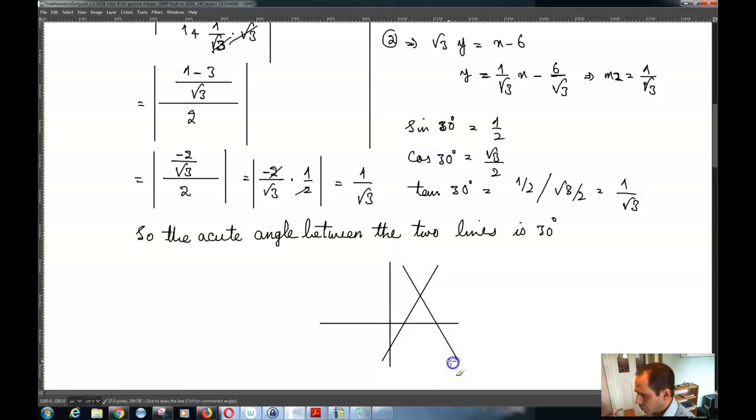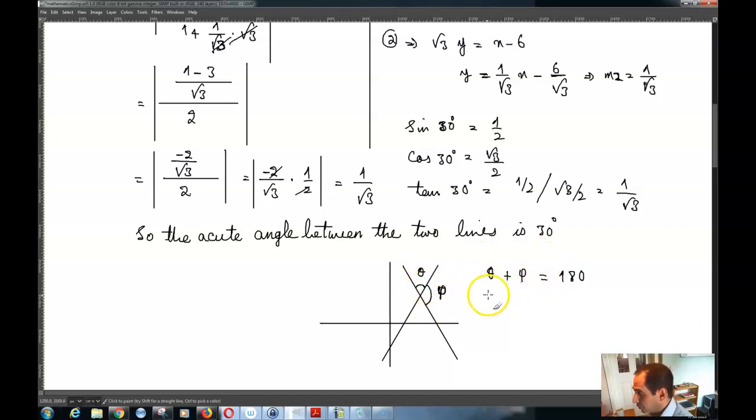intersecting, you will have one acute angle which you can call theta, and there is another angle that you can call, for example, phi. And you know that theta plus phi is equal to 180 degrees. I have forgotten what these angles are called, linear pair I think, but they are of course equal to 180 degrees.